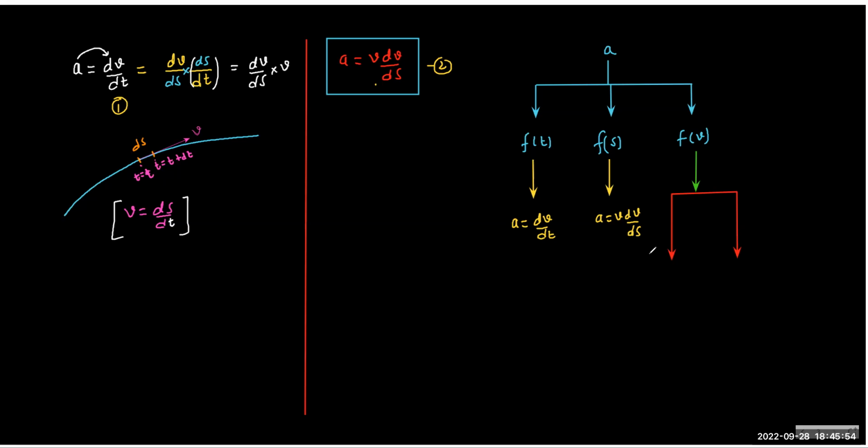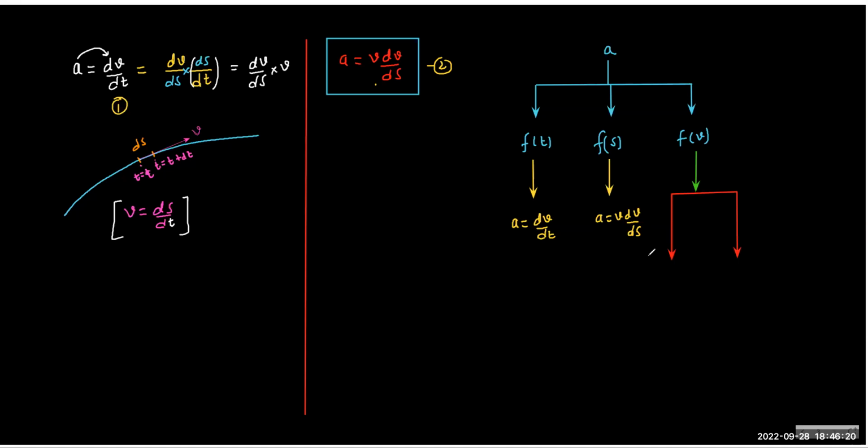Depending on the statement of the problem, we have to choose the correct one. Our luxury is that we can choose both, but when you solve a question, you cannot write two equations at the same time and solve. You will choose one and proceed accordingly.